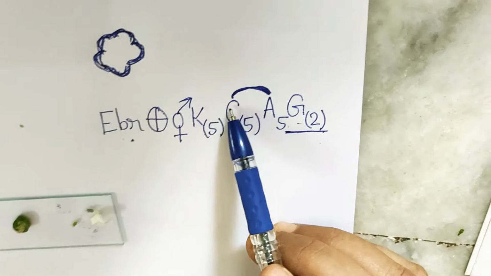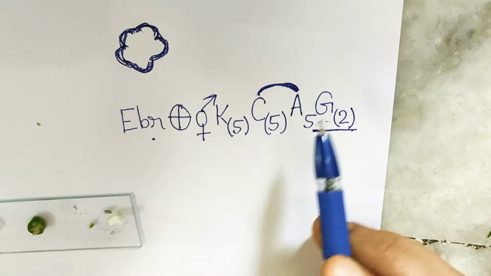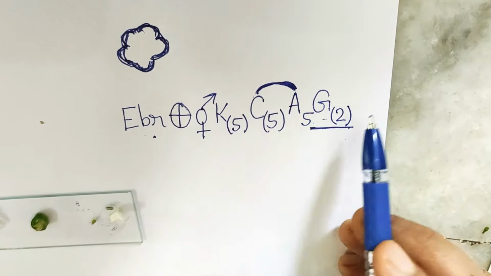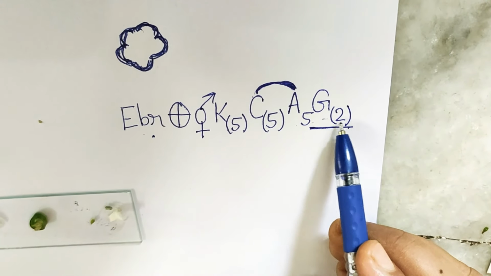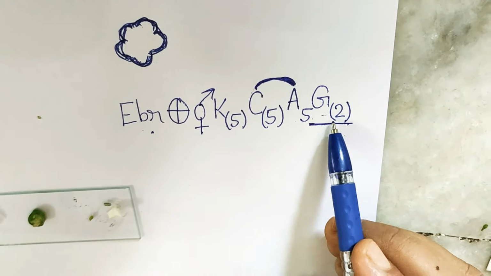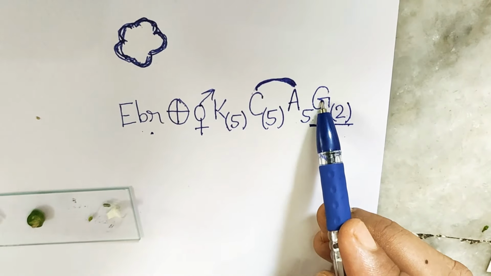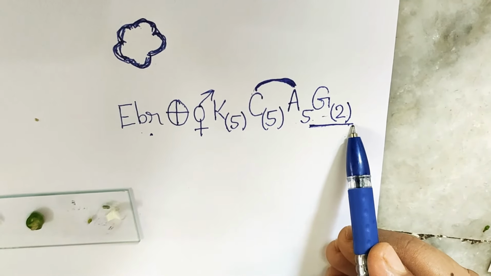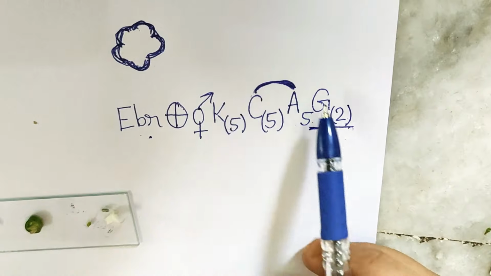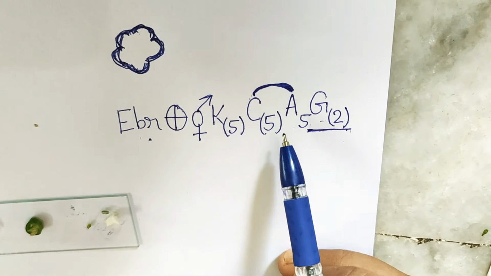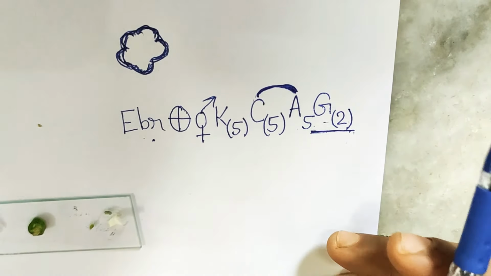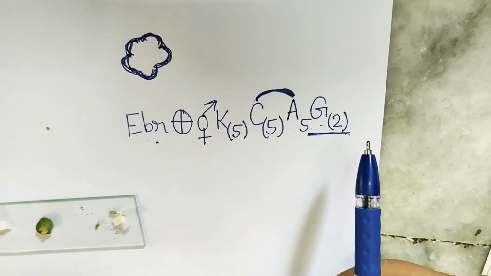They were not fused, and corolla and androecium were fused with each other. For this symbol, gynoecium 2 in number, they were syncarpous, so we are putting this bracket, that means they were fused, and gynoecium was superior, so we put an underline below it. So this is how you're going to write the floral formula for the parts of a flower for the family Solanaceae. That's all for the practical of parts of a flower.